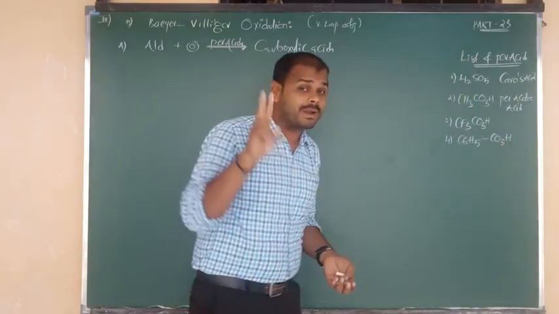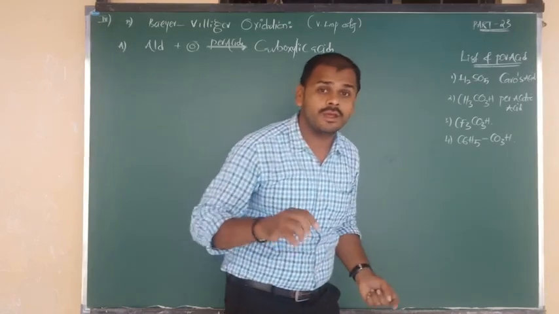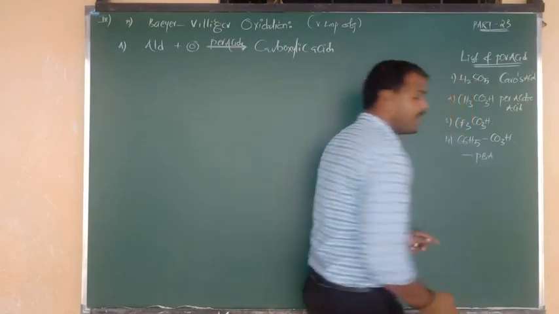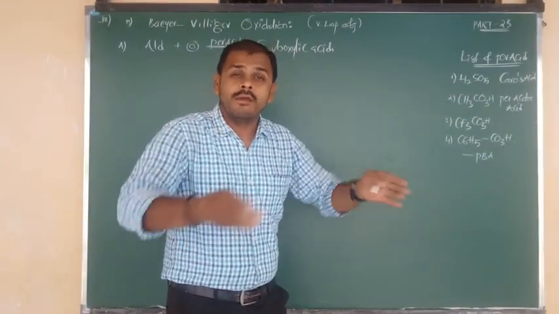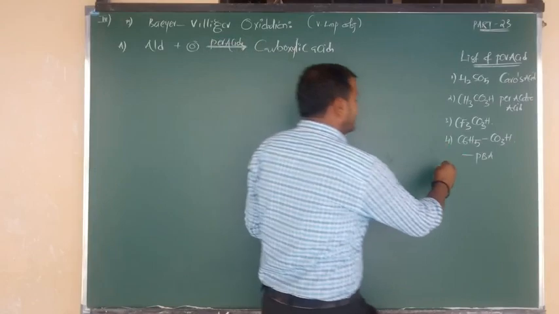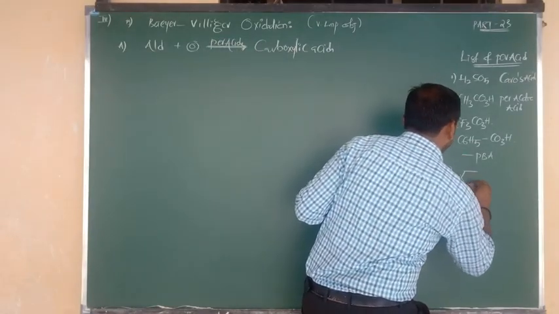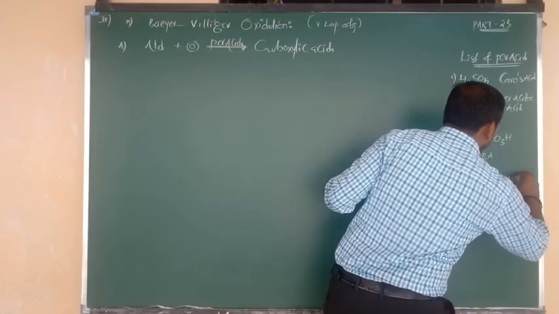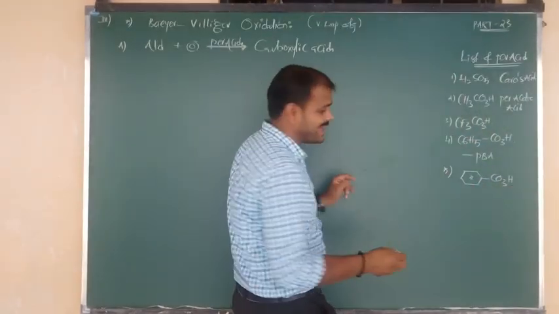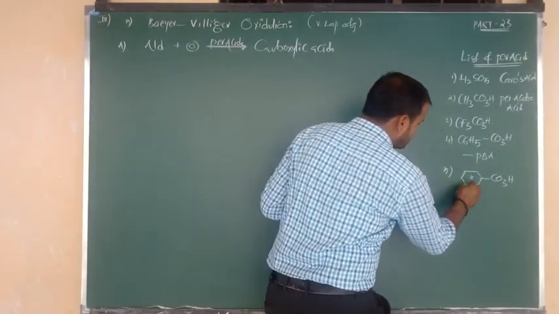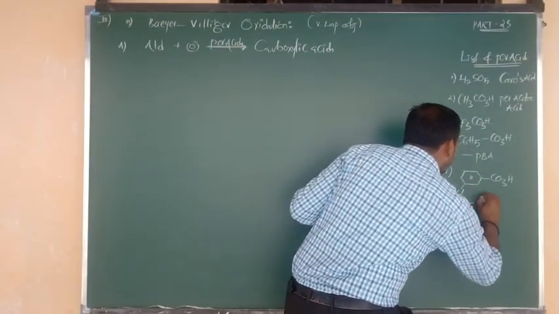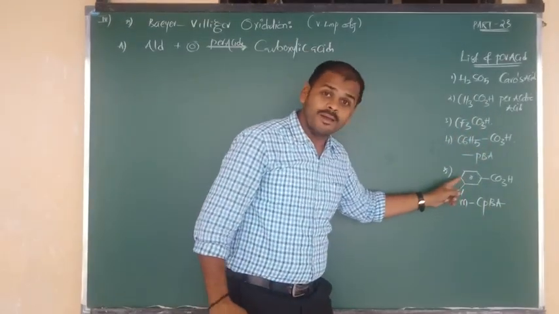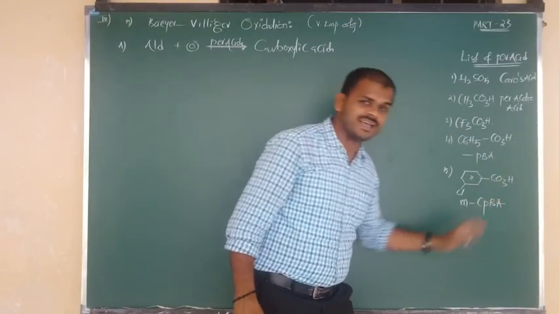The next one is C6H5 bonded to CO3H. It looks like benzoic acid, but there it has 2 oxygens and here 3 oxygens. The name of this compound is PBA, meaning perbenzoic acid, or peroxybenzoic acid. The next reagent you can also write: benzene connected to CO3H, same as the above compound, perbenzoic acid, with Cl at the meta position. The name of this compound is MCPBA, meaning metachloroperbenzoic acid.